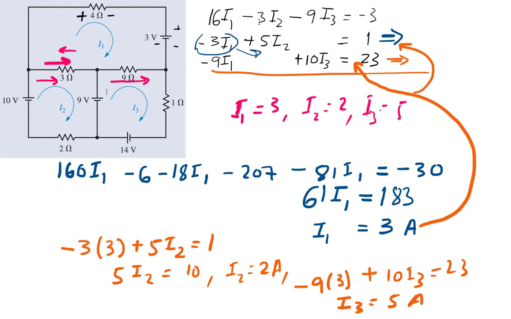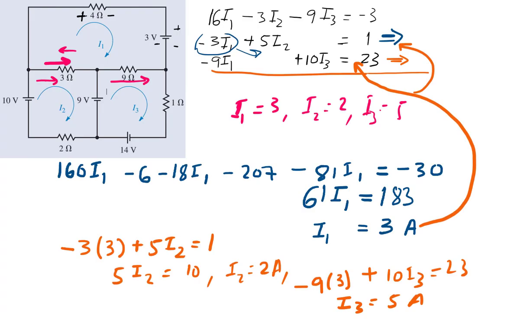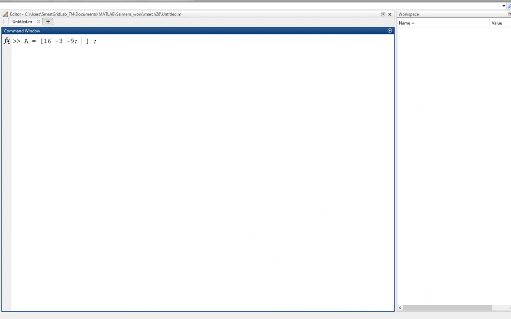So it is 16, -3, -9, then -3, 5 and 0, and -9, 0 and 10. So 16, -3 and -9, that's the first row. The second row is -3, 5 and 0.